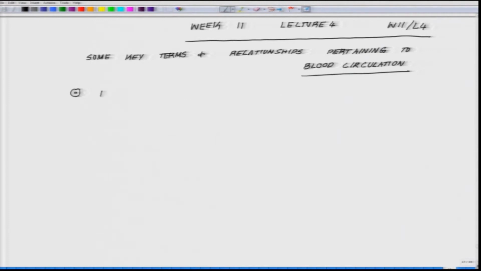So, first one is the blood flow. What is blood flow?